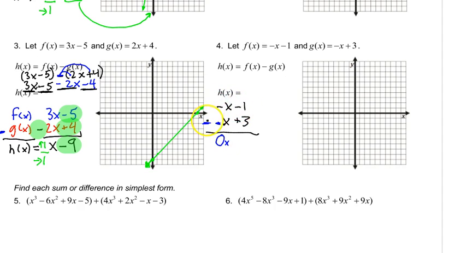We have -1 minus positive 3, which is -4. Yeah, so we get a horizontal line at -4. Okay. And of course, our final answer would really just be h of x equals -4. You would not have the 0x part.